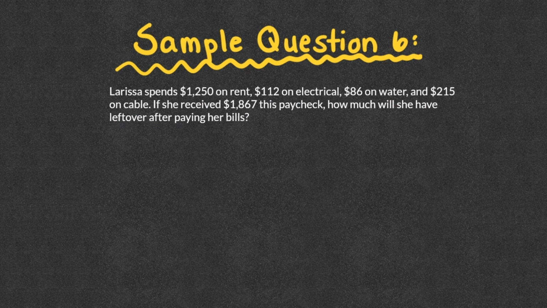We have Larissa spends $1,250 on rent, $112 on electrical, $86 on water, and $215 on cable. If she received $1,867 this paycheck, how much will she have left over after paying her bills? So we can look at this a few ways. So we know that she has some expenses.